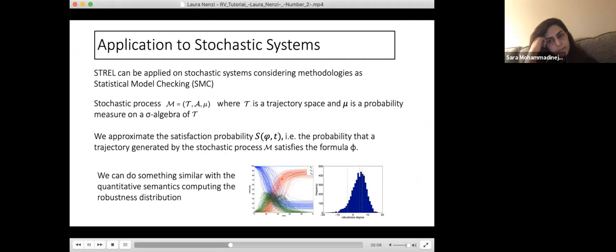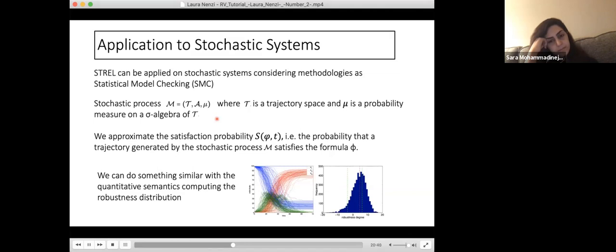Statistical model checking combines simulations of the stochastic system, that means an algorithm that samples the trajectories according to the probability distribution of the model with different possibilities. For example, in this case we describe the system considering a continuous time Markov chain.